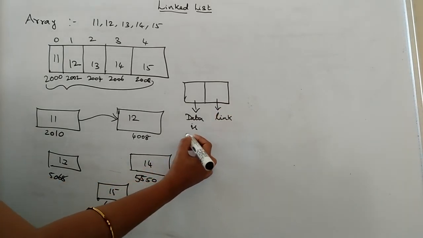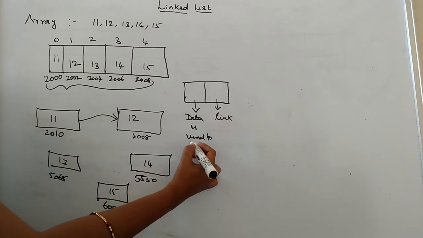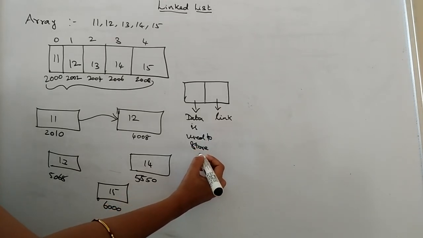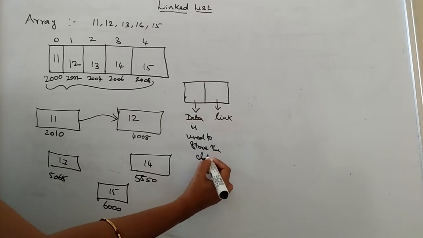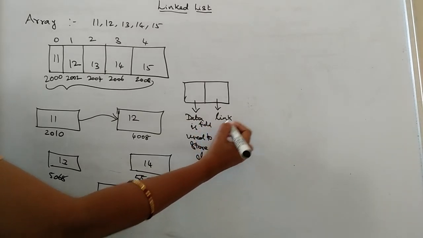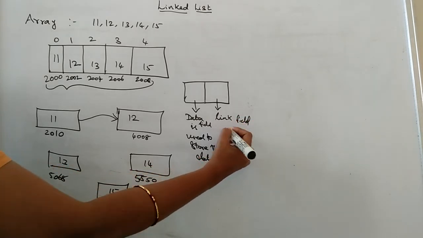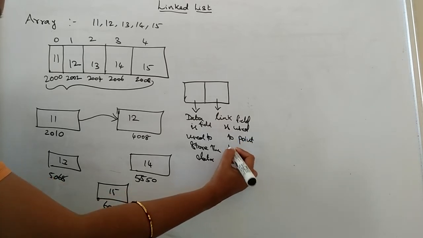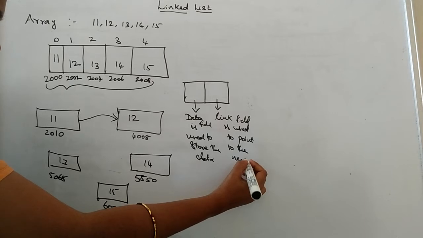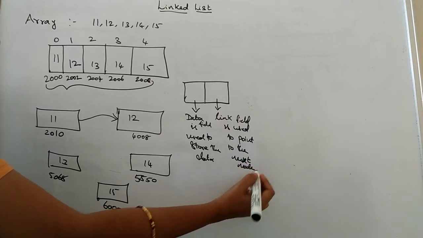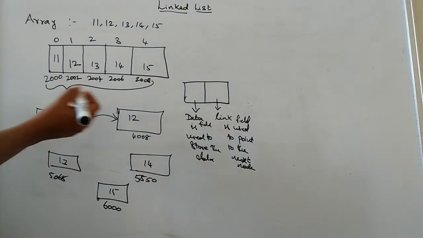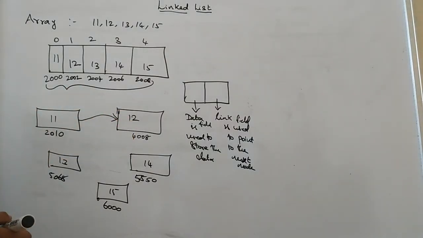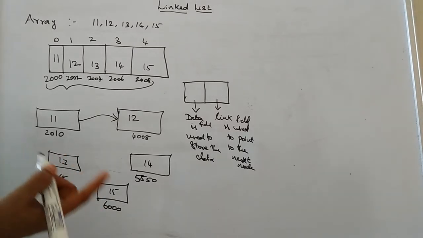The data field is used to store the data, and the link field is used to point to the next node, because we don't know the location where that number is present. So we need the link field to store the address of the next node.